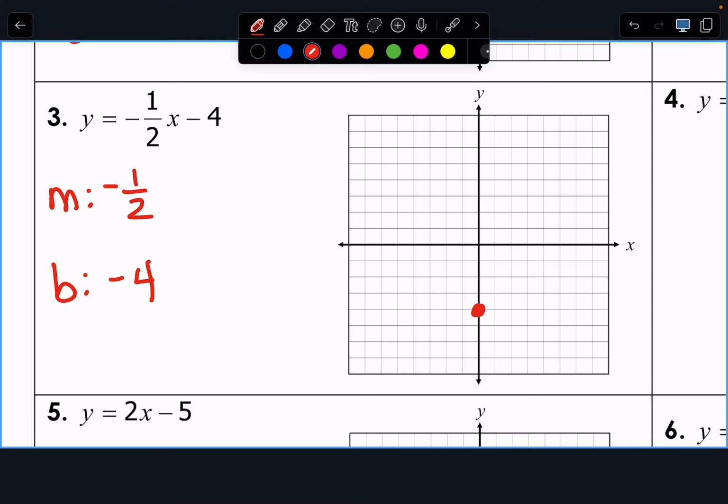So we're going to go down 1 and then over 2. Go down 1 and then over 2. That way, our line will fall.